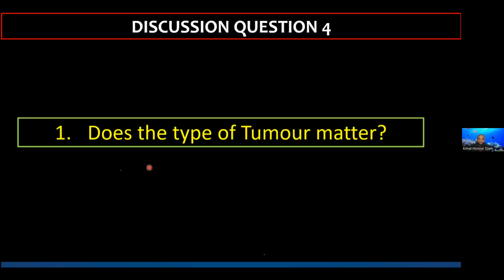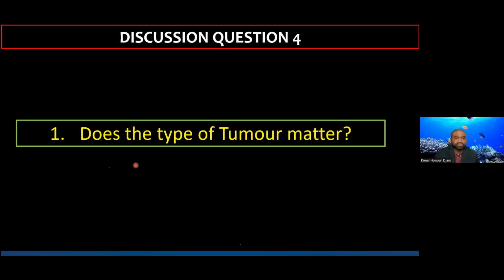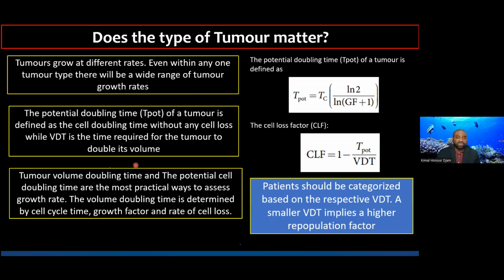Does the type of tumor matter? So this is really an important question. Does the type of tumor matter? One thing is, tumors grow at different rates, and even within the same tumor, the rate of reproduction varies. And when we want to quantify tumor growth, we think about it in terms of the potential doubling time, or T pot, of a tumor, which is essentially defined as the cell doubling time without any loss.